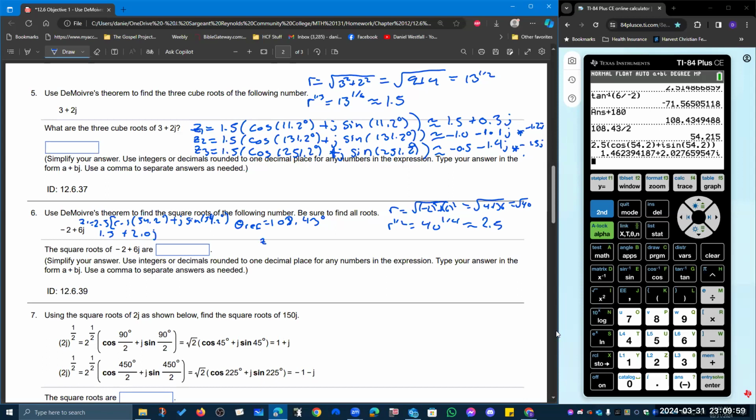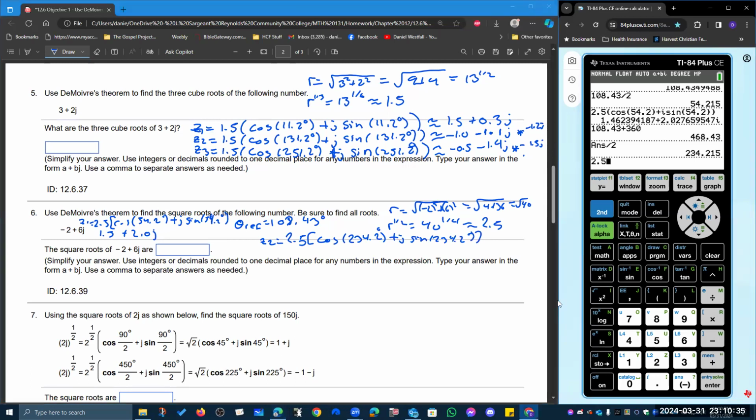Let's figure out that Z2 is going to be, let's take this 108.43 and add 360 degrees to it, and let's divide that by 2. And that gives us 2.5 times the cosine of 234.2 degrees plus j sine of 234.2 degrees.